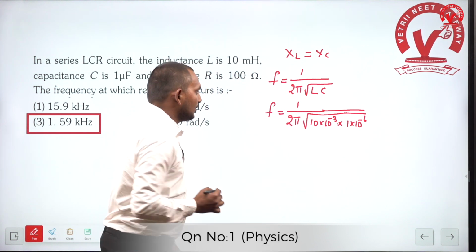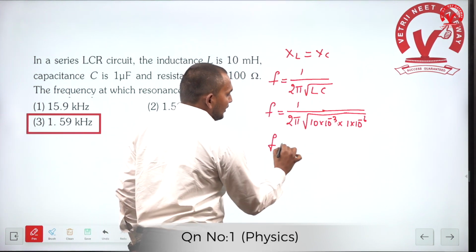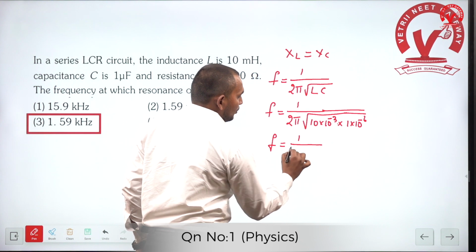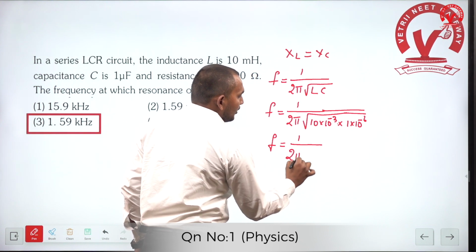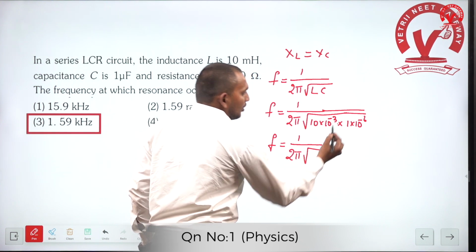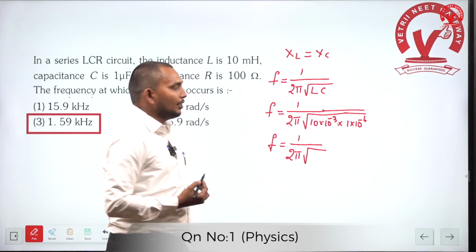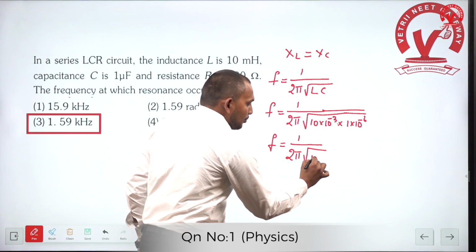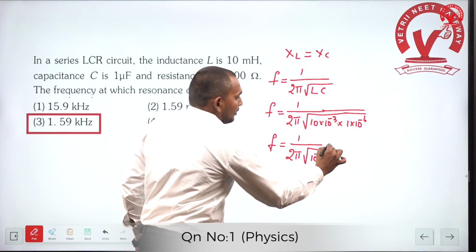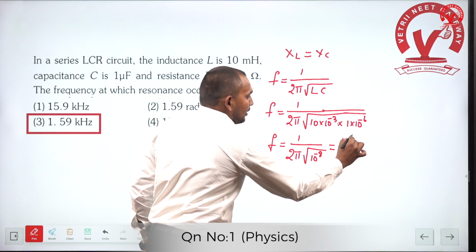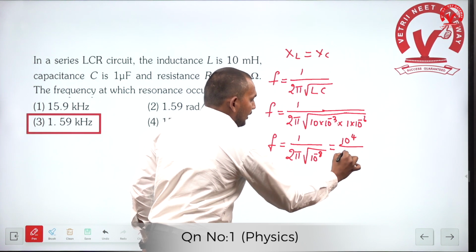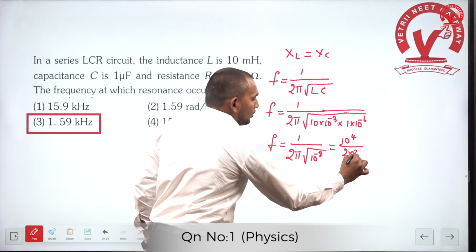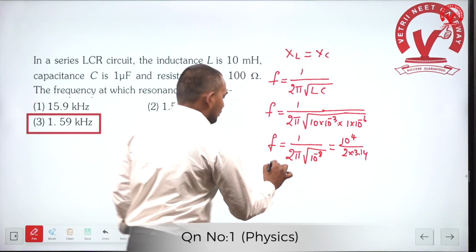Then we simplify: f is equal to 1 divided by 2 pi square root of 10 power minus 9 times 10, which is 10 power minus 8, giving 10 power 4 divided by 2 into 3.14.